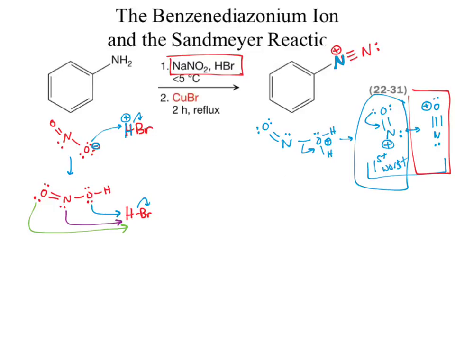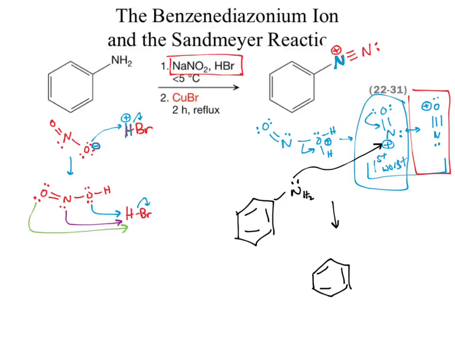So what should we go through and find? How about something nucleophilic? Go through and attack, and what we would end up with, we would hope would be our final product.